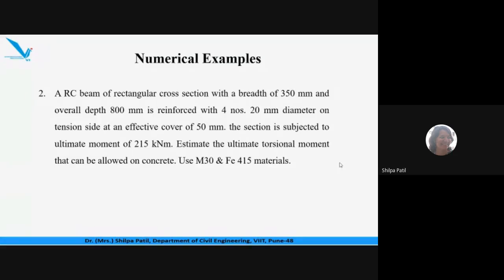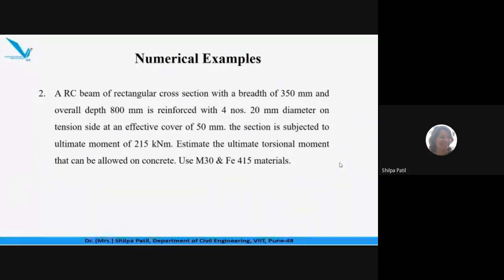Then it is also mentioned that the beam is subjected to ultimate moment and we need to calculate the ultimate torsional moment. It means if we calculate the overall moment resistance capacity of the given beam, which will be the addition of both the moments, that is ultimate moment as well as torsional moment.